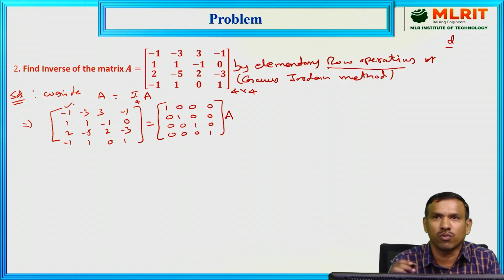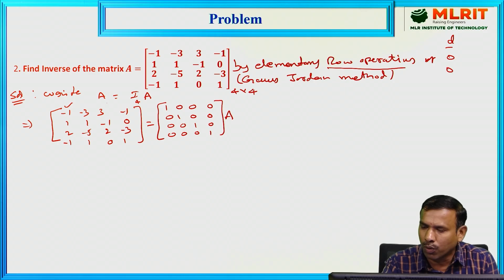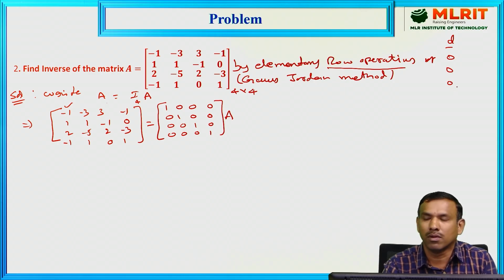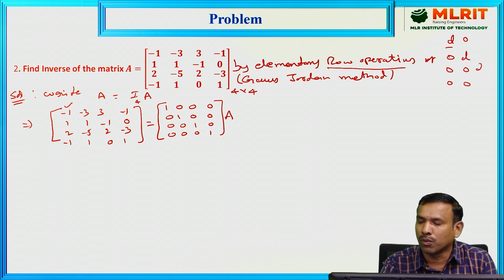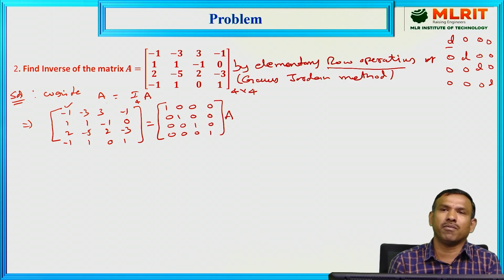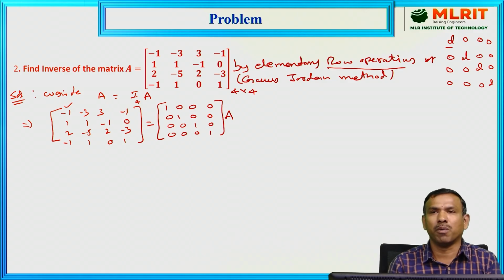Using minus 1, using R1, we make the 3 elements below 0. Then for the second principal diagonal element, make the elements above and below 0. For the third principal diagonal element, the 2 elements above 0 and the element below 0. And for the fourth element, make the 3 elements above 0. Every time we take the principal diagonal elements to make the above and below elements 0.